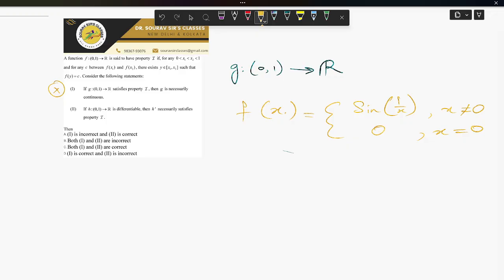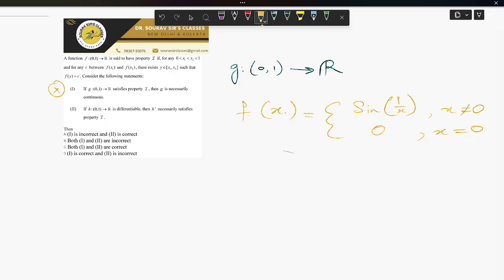Now statement 2 is telling us that if h from (0,1) to R is differentiable, then h dash necessarily satisfies the property. Now the derivative of a differentiable function does not necessarily satisfy the intermediate value property.